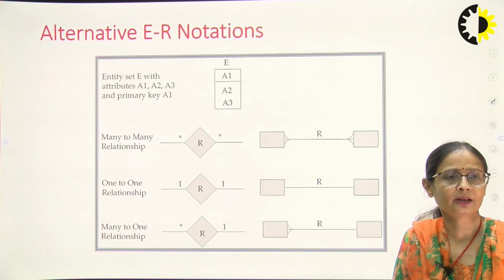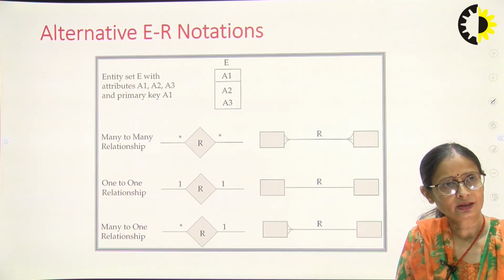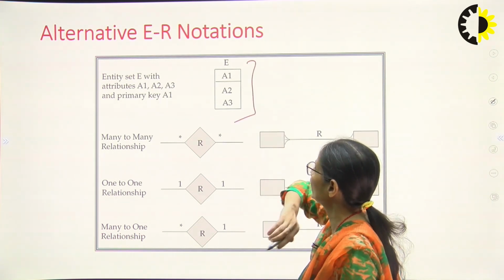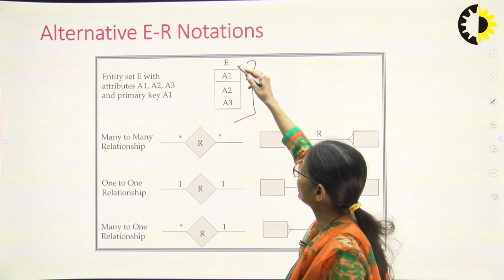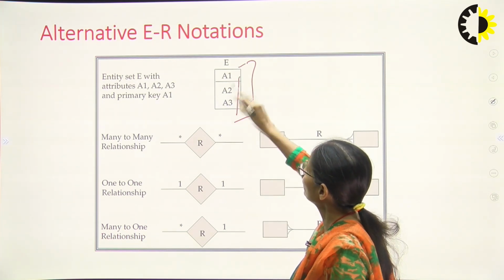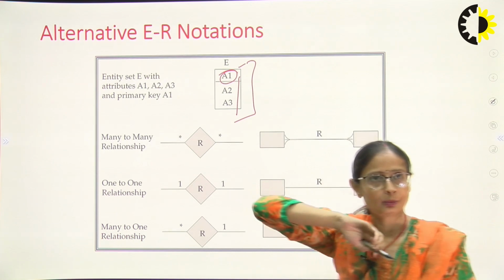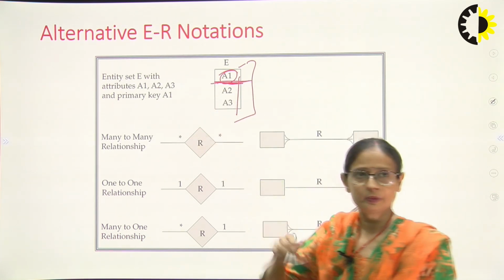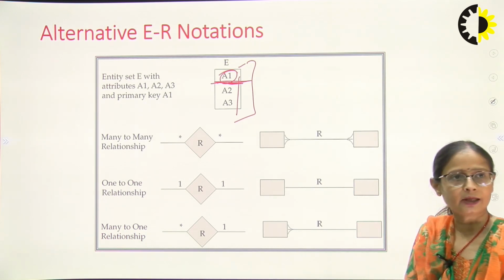These are the alternative symbols, which you will find in a few books. Entities might be shown with the help of a rectangle. Here we have E, and these are my attributes, and this is my primary attribute. The primary attribute is always shown at the top, distinguished from the rest of the attributes.